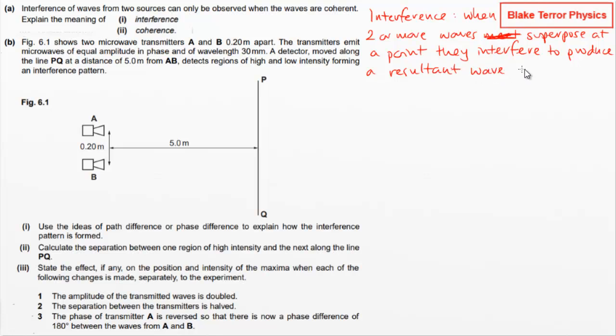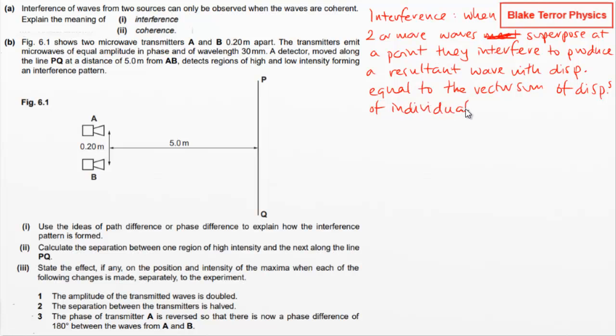And it's all to do with displacement. So with displacement, which I'm just going to abbreviate to that, equal to the vector sum of displacements of the individual waves.